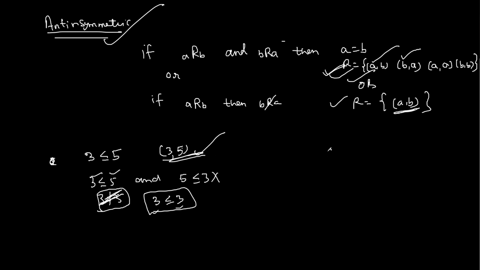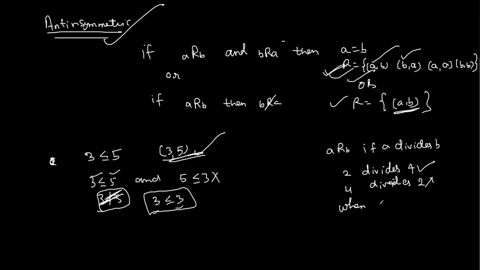For example, if A divides B, 2 divides 4. This is true. But 4 divides 2 is false.